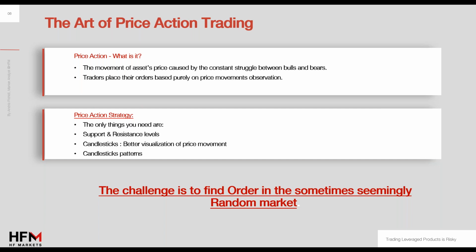The only thing that you need is support and resistance levels, and a careful observation of your candlesticks. This is what will give you an indication of strong or weak support and resistance levels. That's why preferably we use candlestick charts.